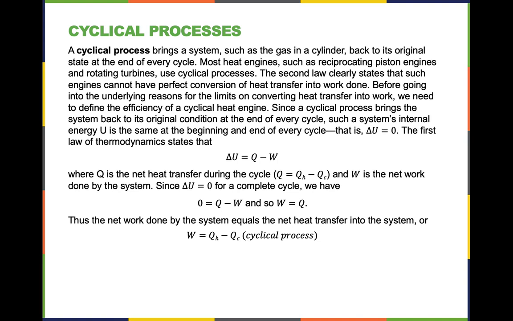The first law states that delta U equals Q minus W, where Q is heat transfer, but we know that Q here is QH minus QC, and W is the net work done by the system. Since delta U is equal to 0 for a complete cycle, we now have that W is equal to Q. Thus, the net work done by the system equals the heat transfer into the system. So we substitute Q for QH minus QC. And this is the work done in that process.